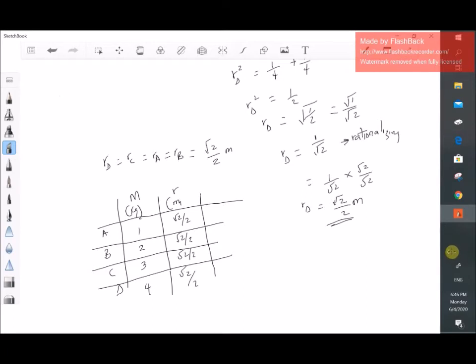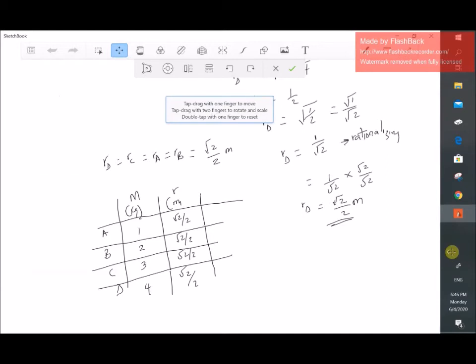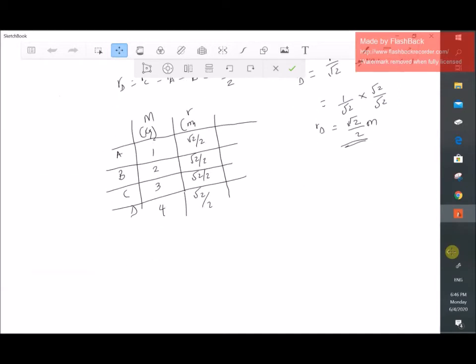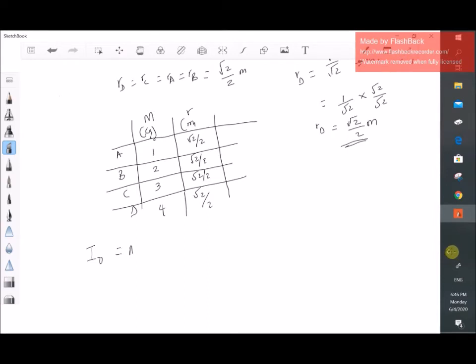Alright, so now we can log these values into the formula. The moment of inertia at the center is mass of A times RA squared plus mass of B times RB squared plus mass at C times RC squared plus mass at D times RD squared.